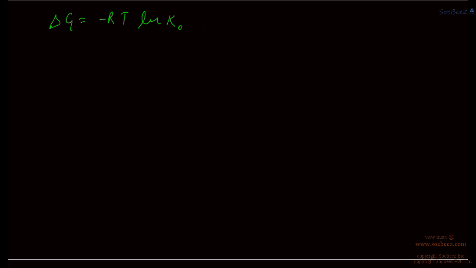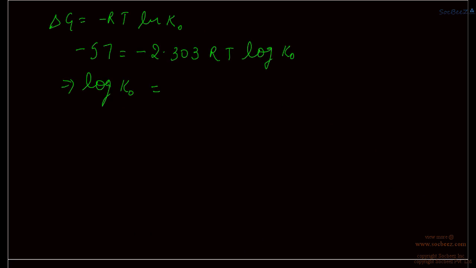Now, since we know that delta G equals minus RT ln K naught, therefore minus 57 equals minus 2.303 RT log K naught.